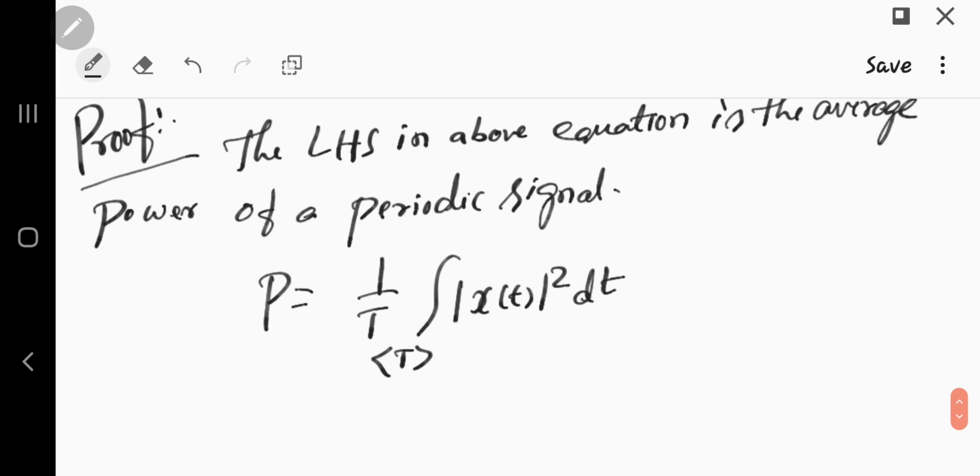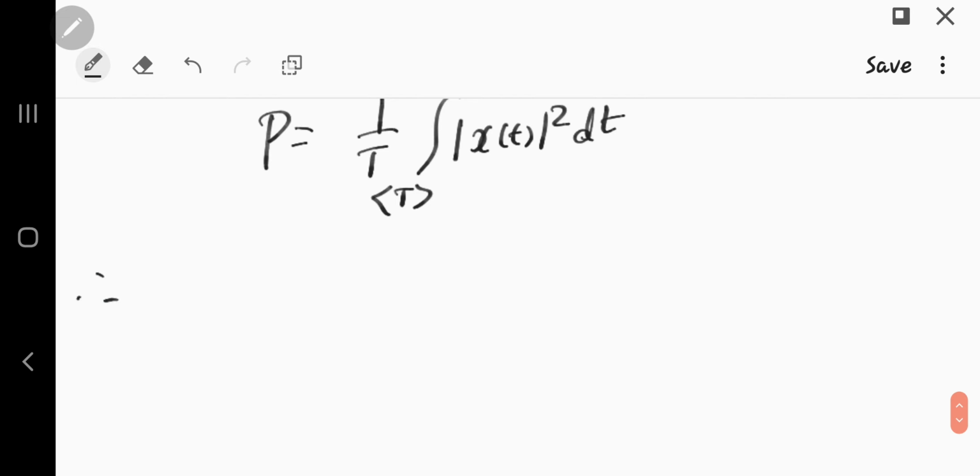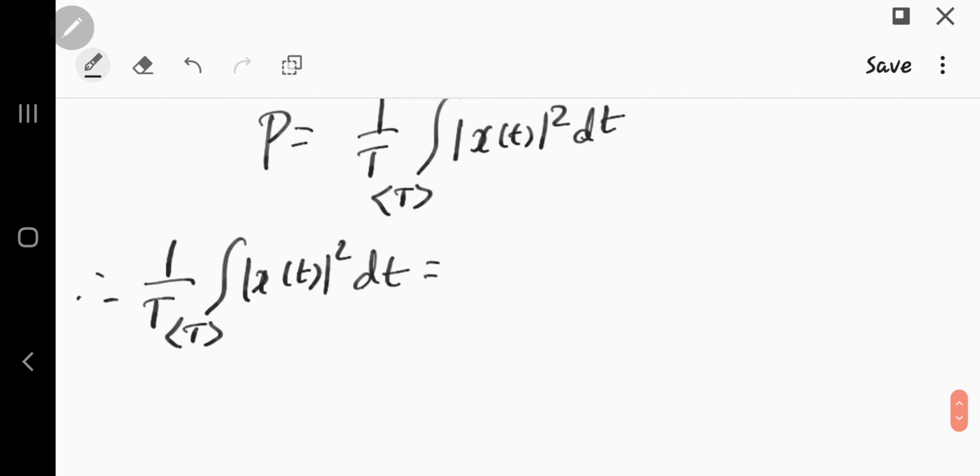Okay. So when the signal is in continuous time, we can write 1 by T. If you observe this, in this Fourier series we are dealing with complex sinusoids.